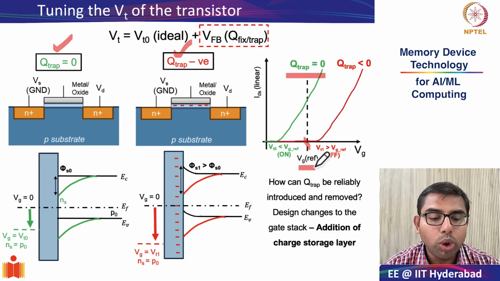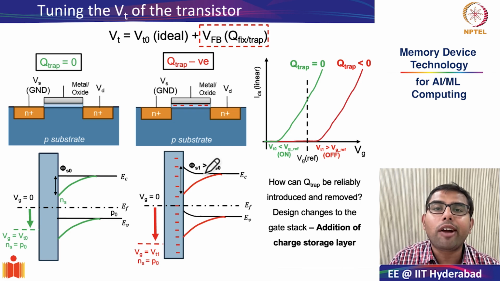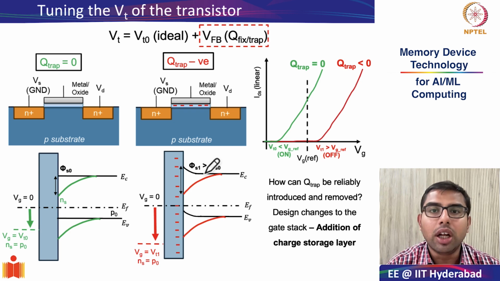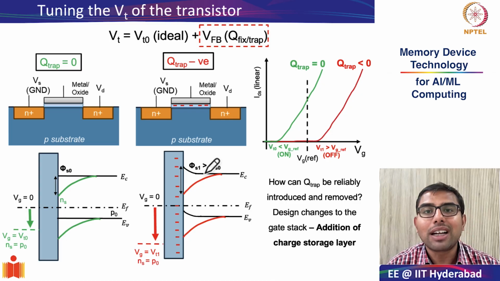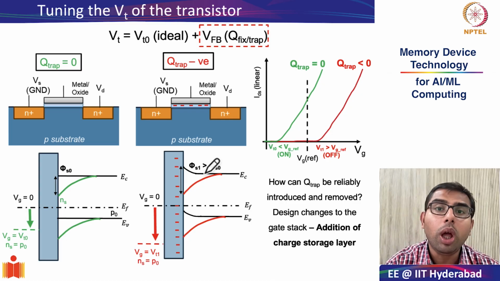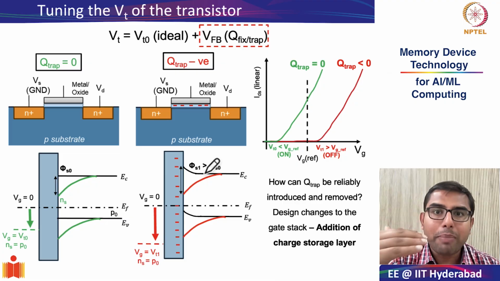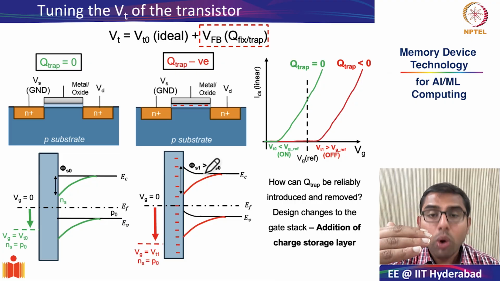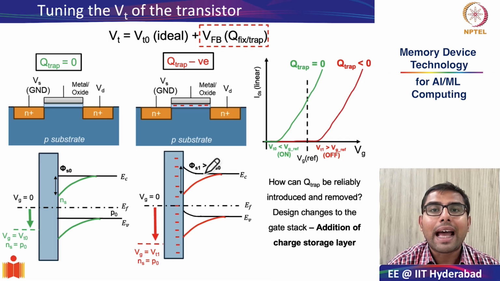And if you have negative trap charges, it so happens that there has to be an extra gate voltage that needs to be applied to overcome the accumulation of surface charges which were induced because of the negative trap charges. And then you come to flat band voltage, and only after that you can reach the condition of having the surface completely inverted.